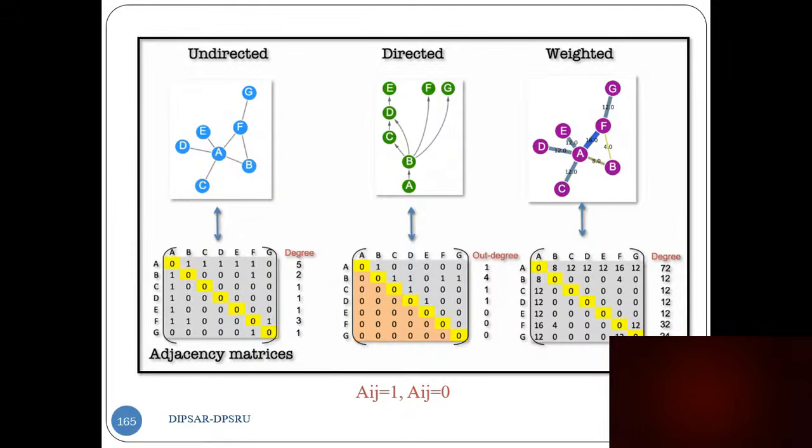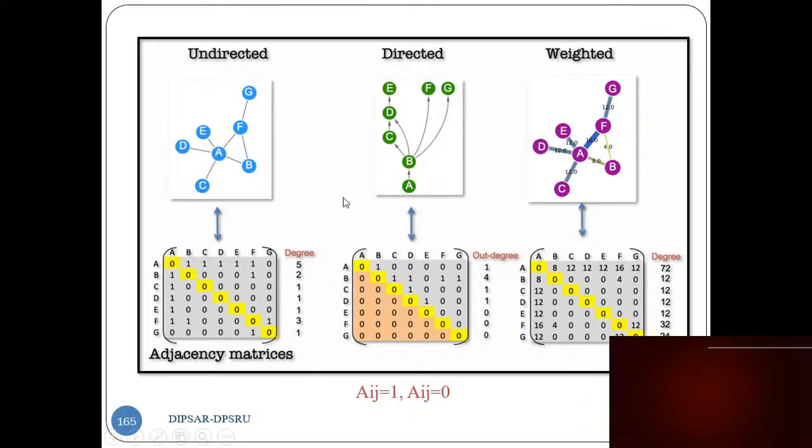Of course, weighted is written because weightage is given, but is it directed or undirected? Yeah, undirected. Subham is saying undirected. Manoj is saying undirected. Yes, it's undirected.